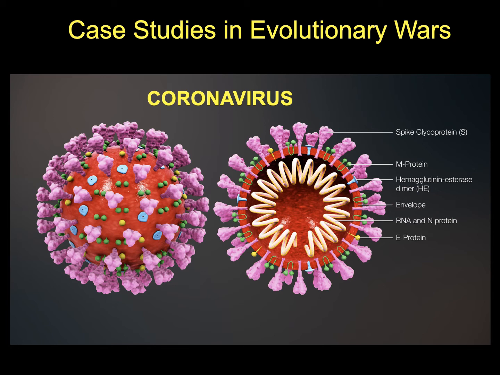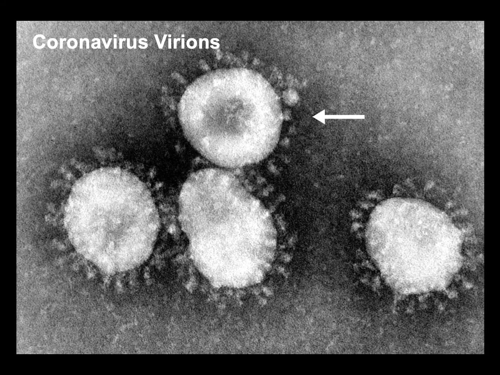And then there are other proteins, the M protein, the E protein, and some of the other ones that interfere with the immune response. Those are some of the things that cause the more severe symptoms in COVID-19 disease. Here are some coronavirus virions in the electron microscope, and you can see those spike glycoproteins sticking out, which interact with cell receptors on human cell membranes.